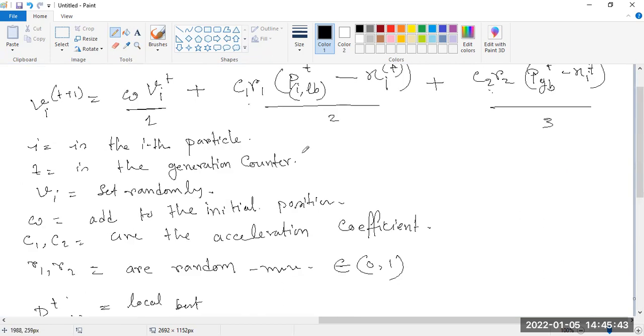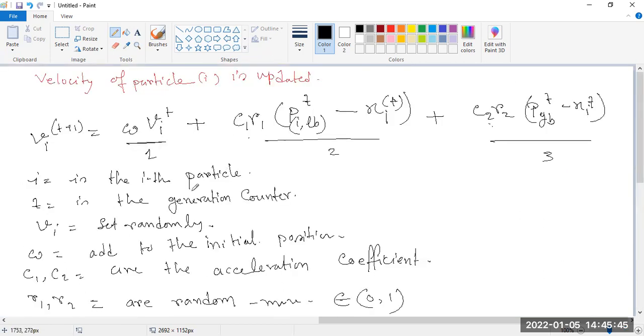So look, this is only the velocity, and the velocity is multiplied with this omega value. This is the initial potential, or you can say the weightage. Say your normal velocity is 10, but if you want to reach faster, then you apply 20.